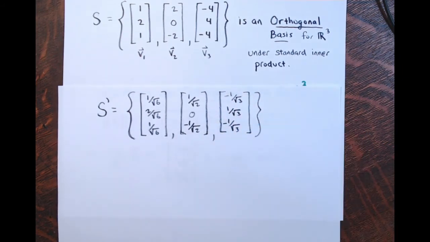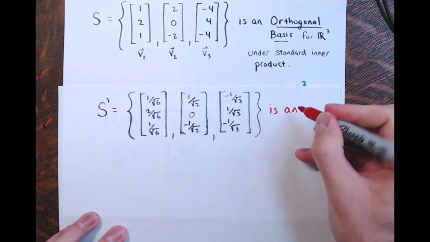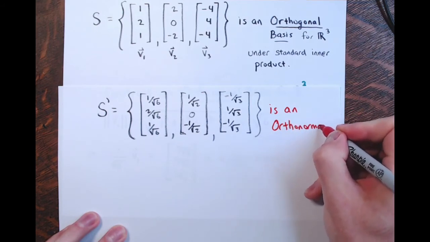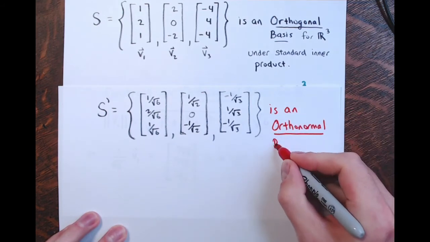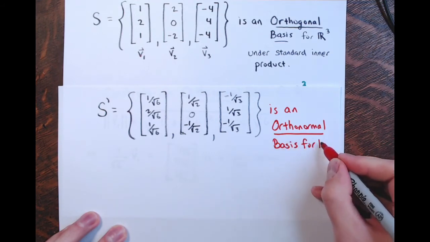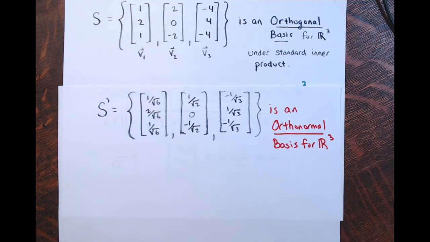Okay, this set of vectors forms an orthonormal basis for R3 under the standard inner product, the dot product.